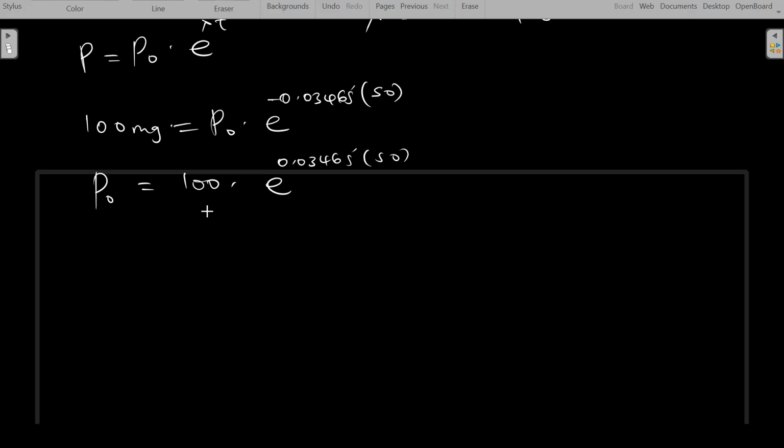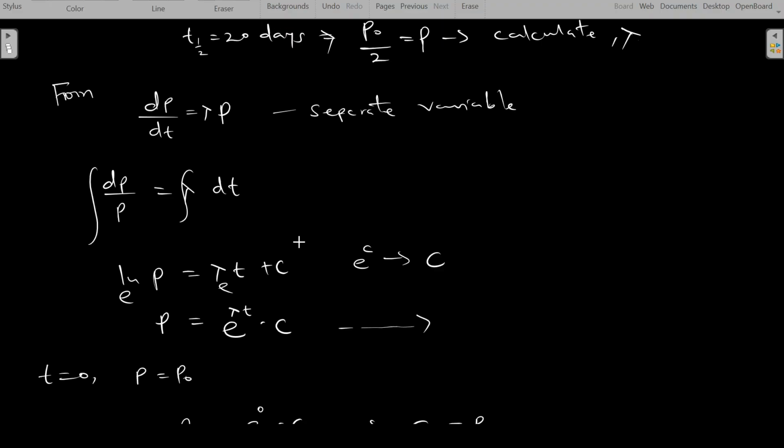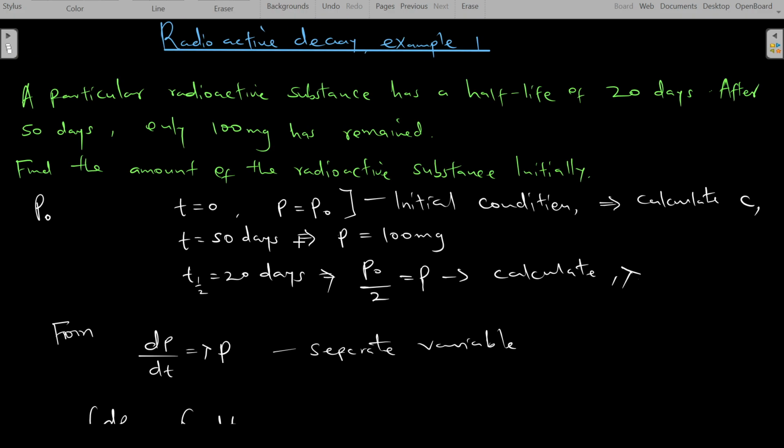So for me, I'll get my P0 as 565.48, in milligrams. So our initial amount of this substance before it underwent radioactive decay equals 565.48 milligrams.